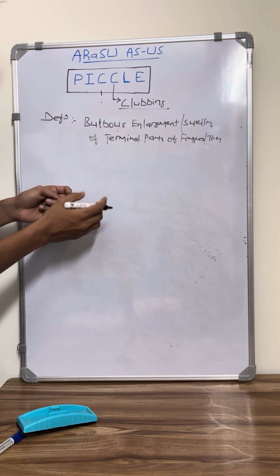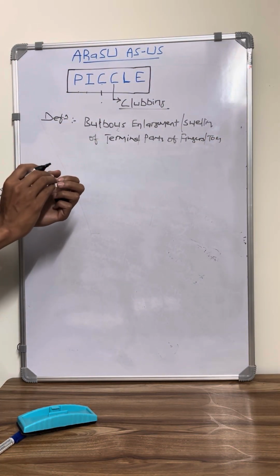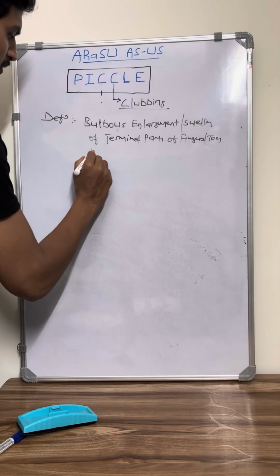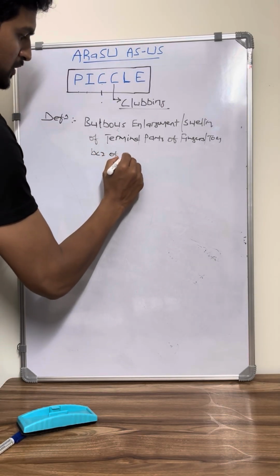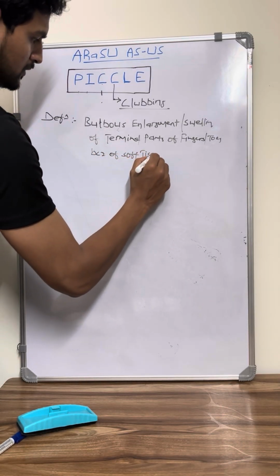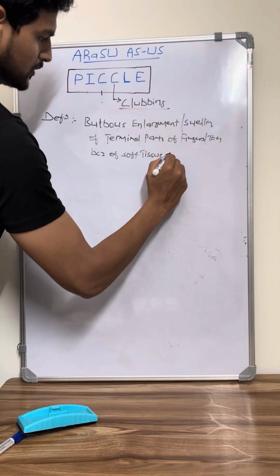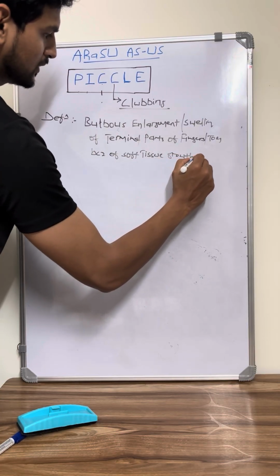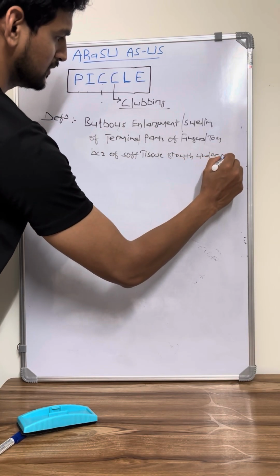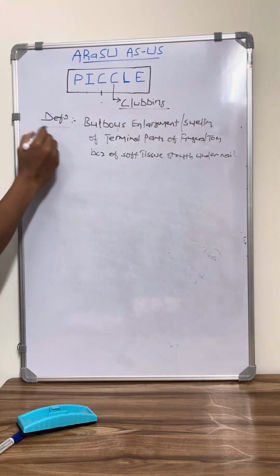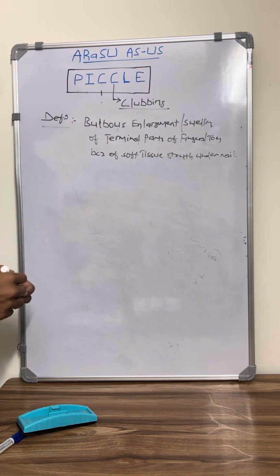This is mainly because of the proliferation of the connective tissue underneath the nail, so mainly because of soft tissue growth under the nail. So this is the definition of clubbing.